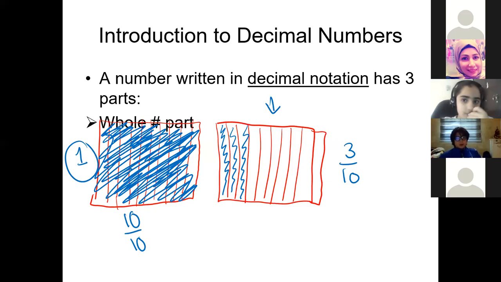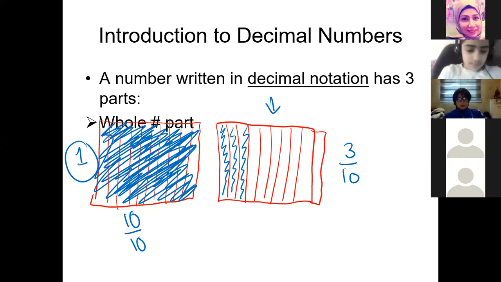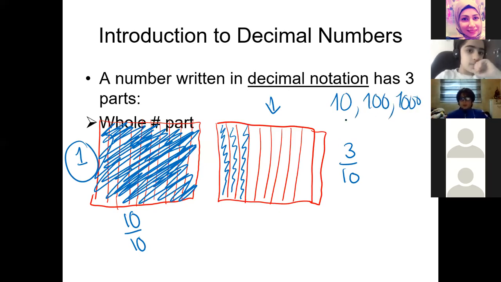Teacher, always with decimal numbers we'll talk about decimal numbers. If we divide any shape into 10 equal parts or 100 or 1000, which are multiples of 10, 1 with zeros, okay? We can't talk about decimal numbers unless we divide the shape into decimal fractions: 10, 100, 1000 and so on.